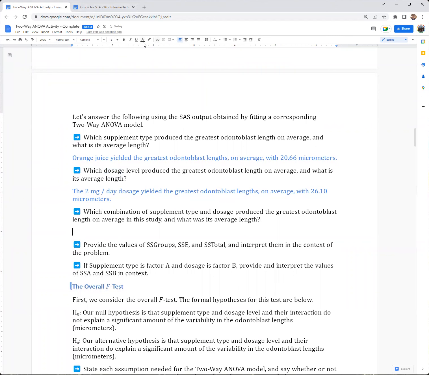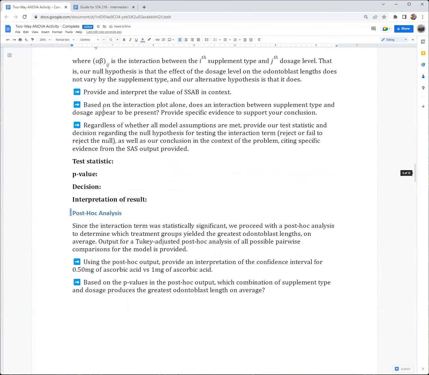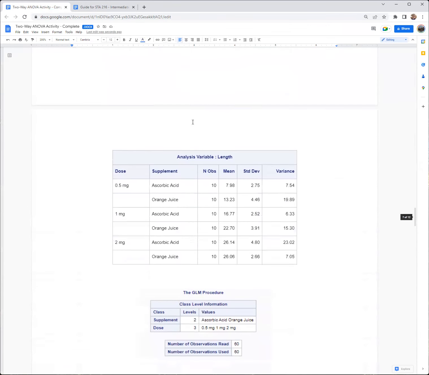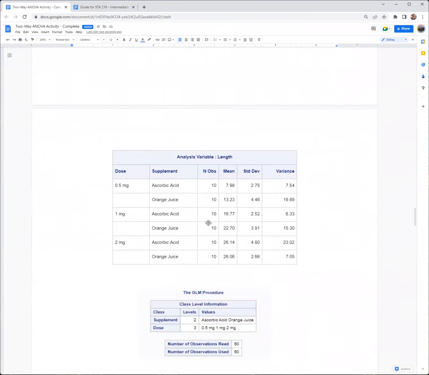So in this case, looking at which combination gave the greatest odontoblast lengths, we may expect it to be the 2 milligram and orange juice combination, but if we look at the data, if we look down at this next table, which gives all 6 treatment groups, all of the subgroups.